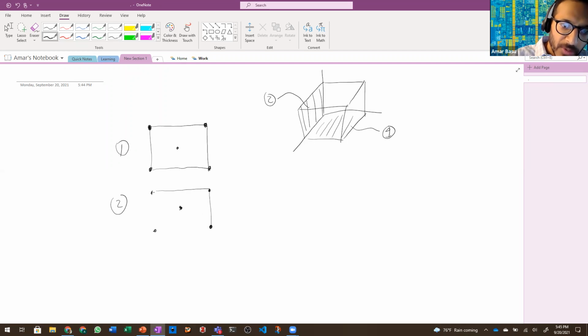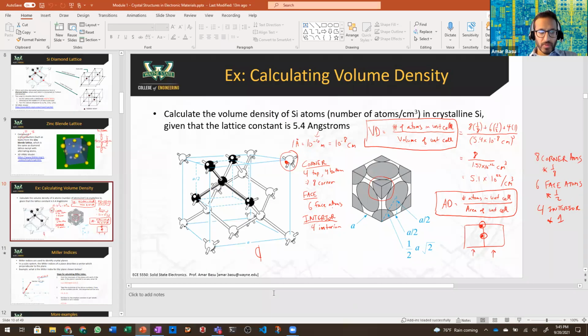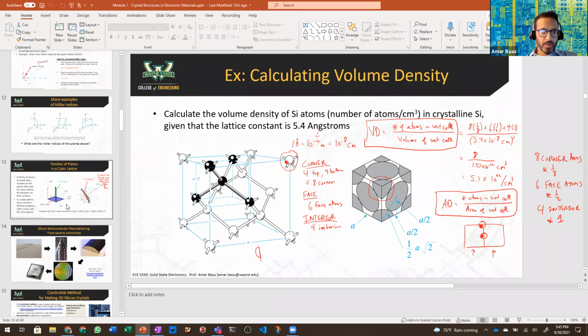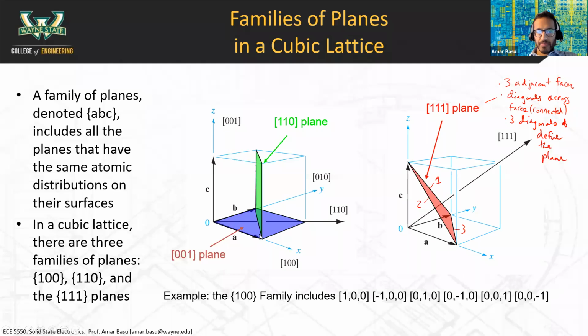Just a reminder, we are drawing the atoms on the faces of the diamond lattice. So whether we're looking at the bottom or the side doesn't matter. What we say is that this bottom face, all the side faces, and the top face are all part of what's called the 100 family of planes.